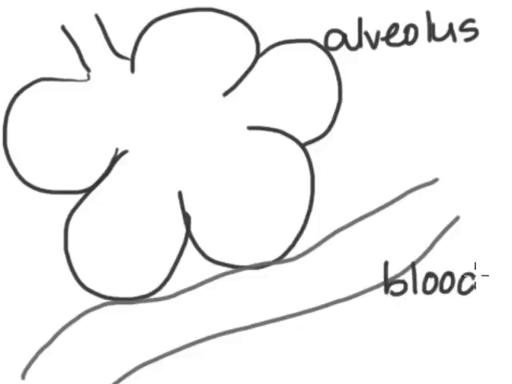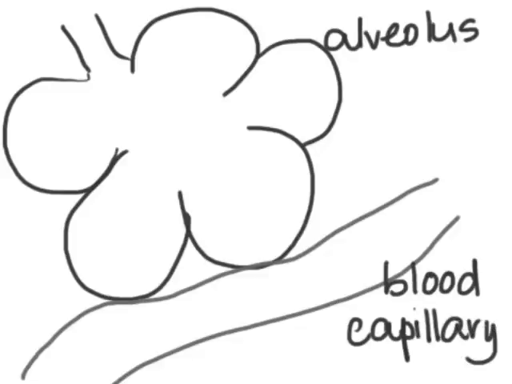What we have pictured here in diagrammatic form is the alveolus and a blood capillary. Now this is how gases are exchanged in the alveoli.